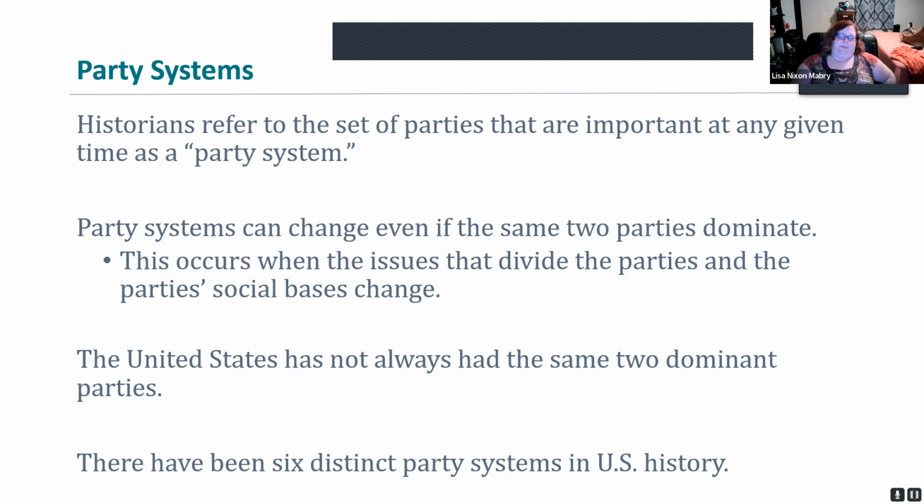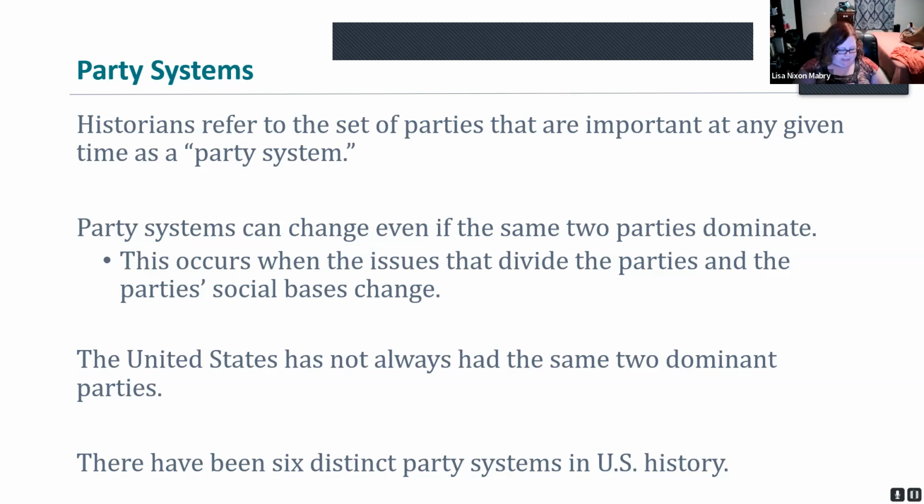Party systems can still shift even if it stays the same two parties, because it shows a new party system if social issues changed, if the focus in that political sphere changed, but it's still the same two political parties.